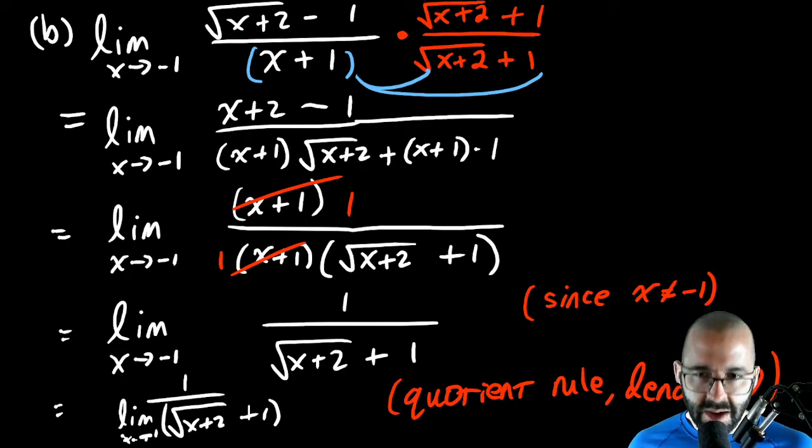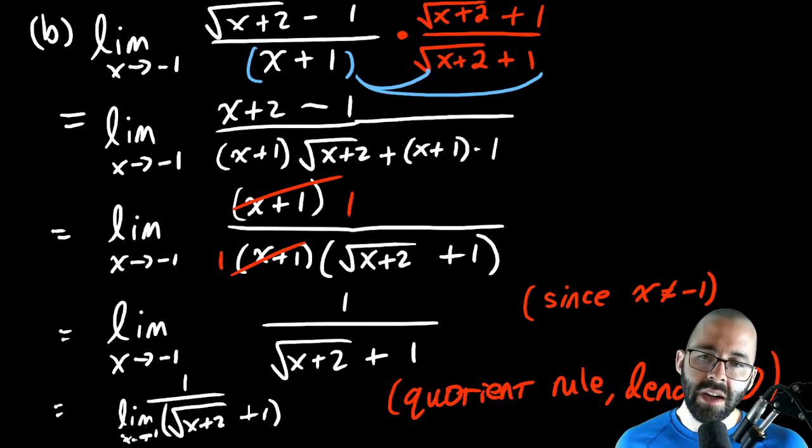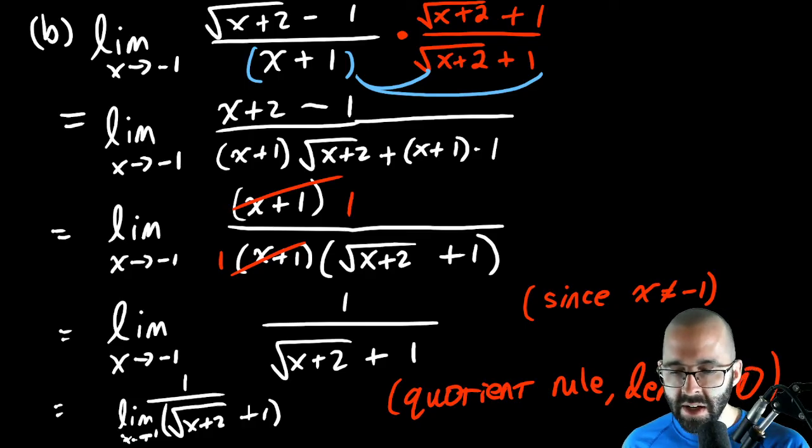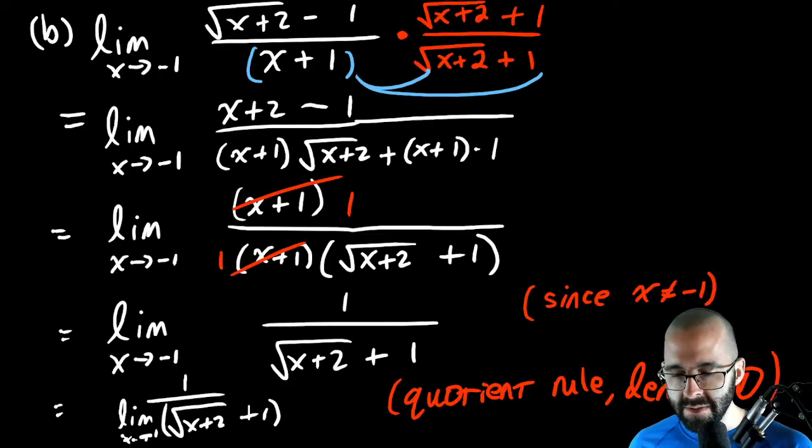And then we'll use the sum rule, and then we'll use the power rule, and then we'll use the sum rule again, and so on. We did enough of that in the first video, so I'm just going to write a dot, dot, dot. After you use more limit laws, you're eventually going to get 1 over 2.